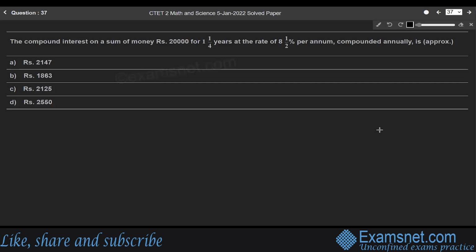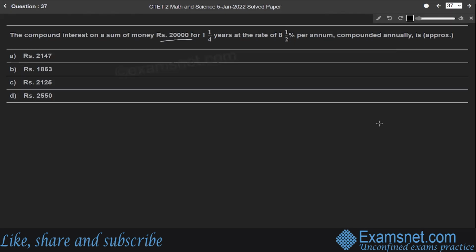Question 37. The compound interest on a sum of money 20,000 rupees for 1.25 years at the rate of 8.5% per annum, compounded annually is approximately. Here, given: principal P is equal to 20,000 rupees.